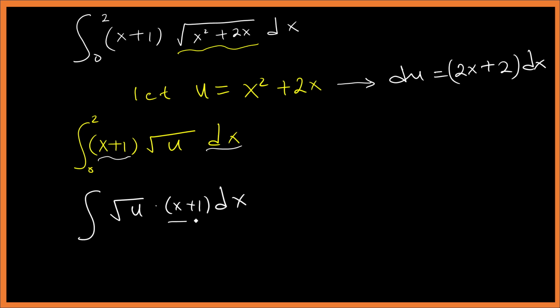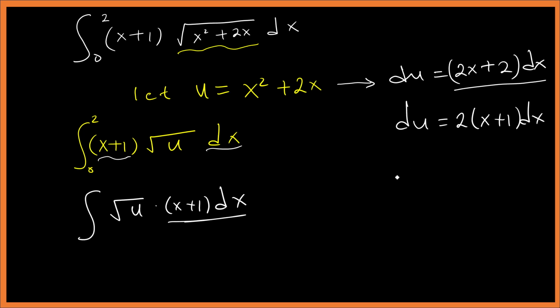Okay, so let's see if we can do substitution here. We have x plus 1 dx, and this side is 2x plus 2 dx. Now I want to make everything in terms of u, so this side should be du. We can't integrate while we have u here and x plus 1 here. So we write du equals 2 times (x plus 1) dx.